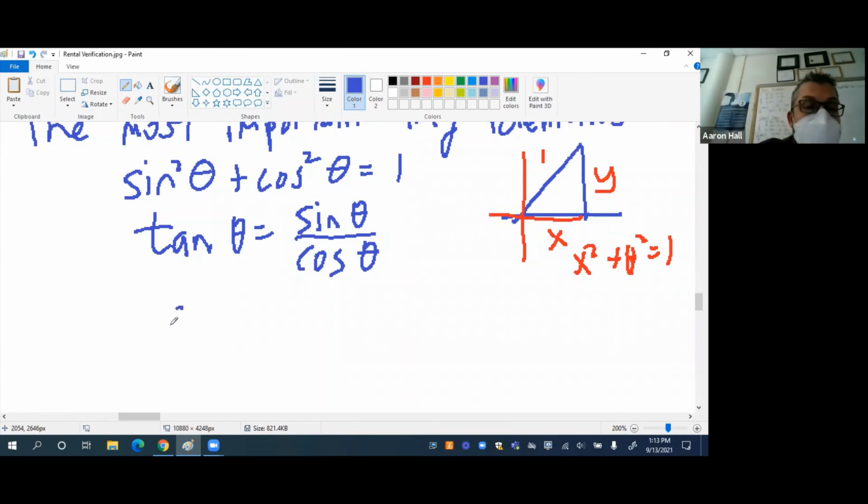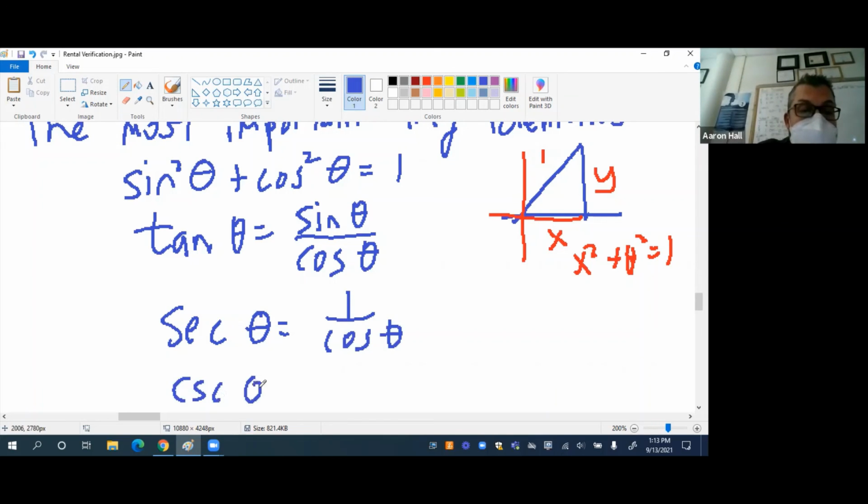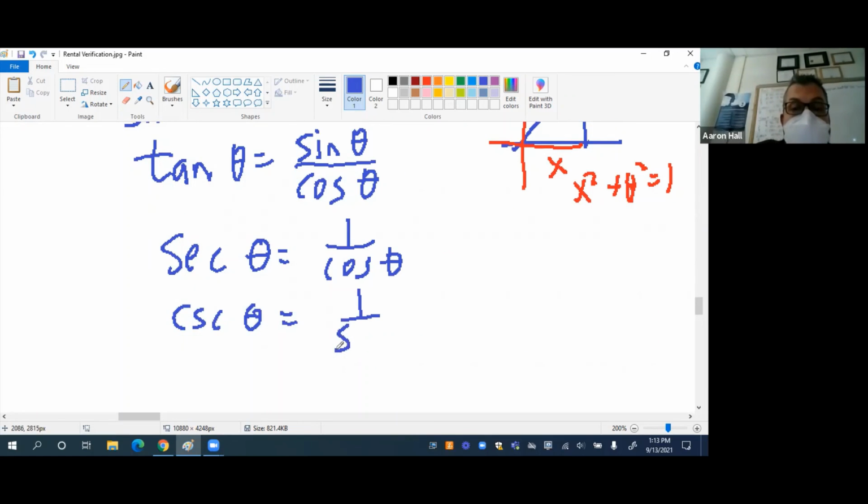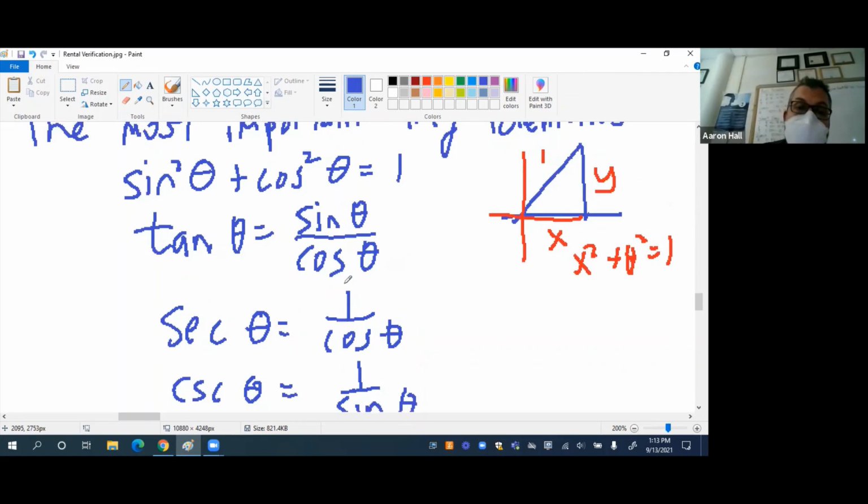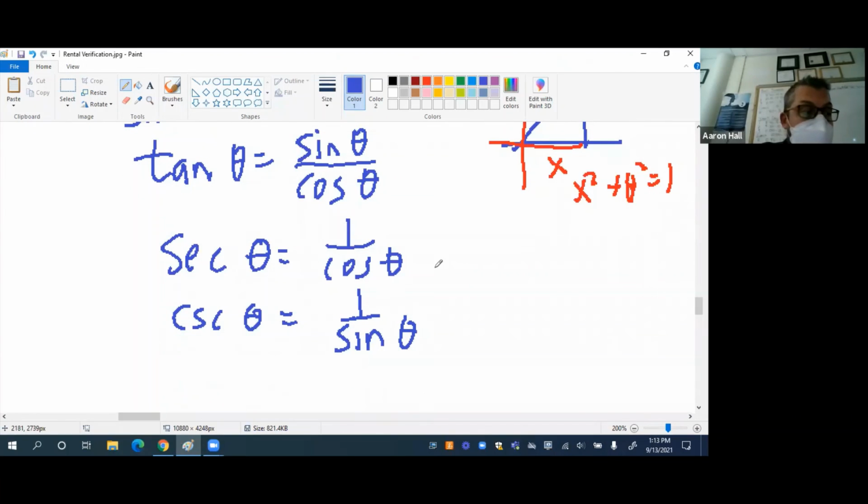You need to know that secant of theta equals 1 over cosine of theta. Cosecant of theta is 1 over sine of theta. These are called the reciprocal identities. We have the Pythagorean identity, the quotient identity, and the reciprocal identities.